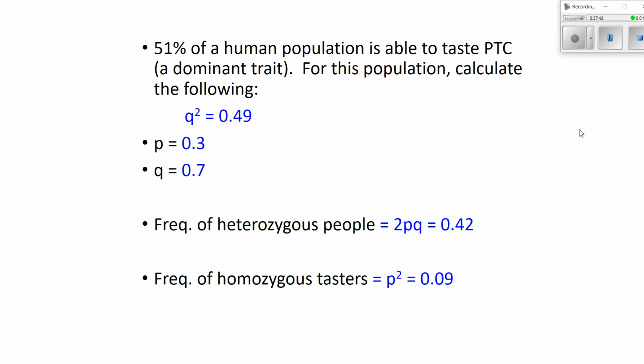Notice on these problems, whenever I'm calculating the genotype frequencies, normally 2 decimal places is totally adequate.